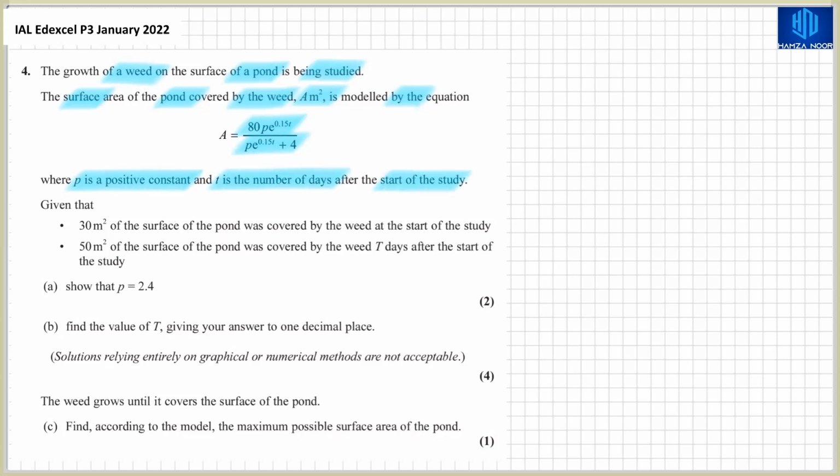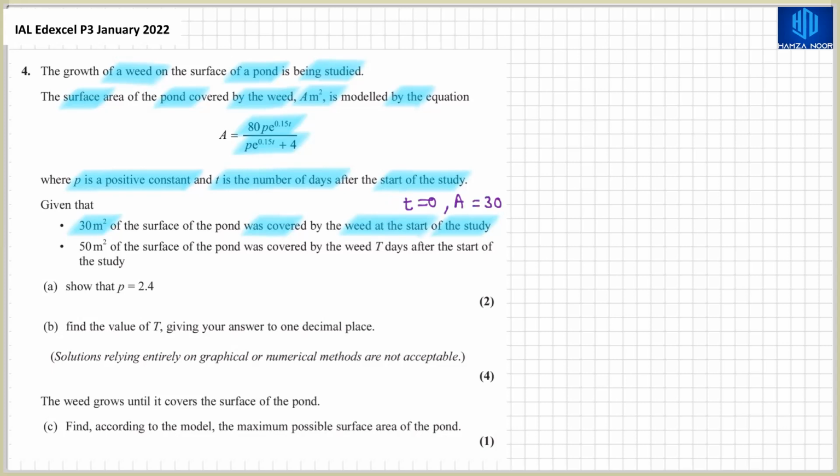Now here we have two conditions. First condition is that 30 meters square of the surface area of the pond was covered by the weed at the start of the study. At the start of the study means the initial moment. So according to condition 1, when t = 0, A = 30 meters square.